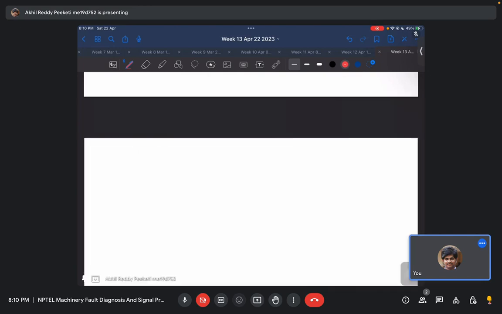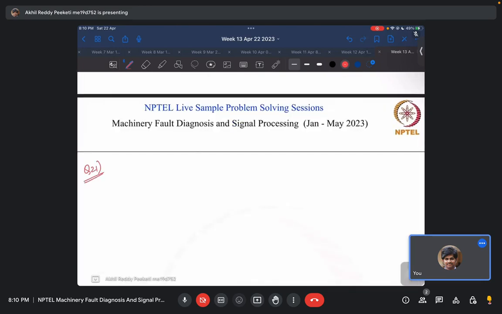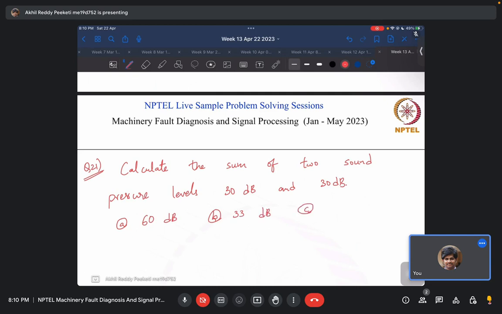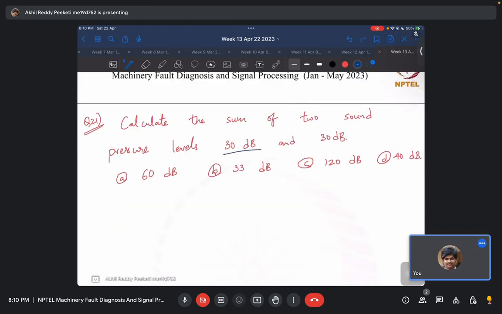Let's move to the next question. When you have two sound pressure levels, 30 dB and 30 dB each, what will be the sum of the two pressure levels?